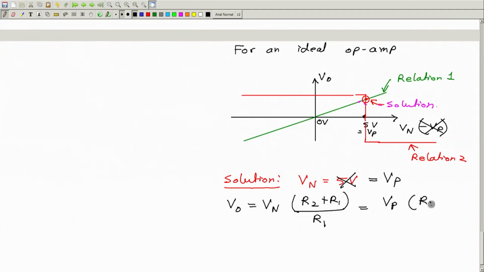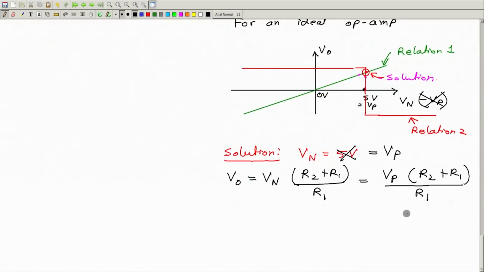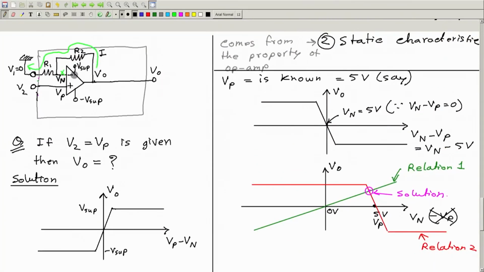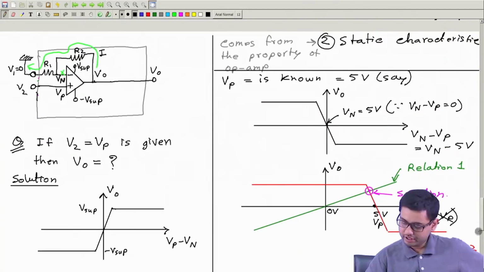So we have Vo equal to Vp times (R2 plus R1) by R1. So this is the solution. This is the answer. Vo is this, Vn is this. And this is how we can find the output for this circuit, this non-inverting amplifier.